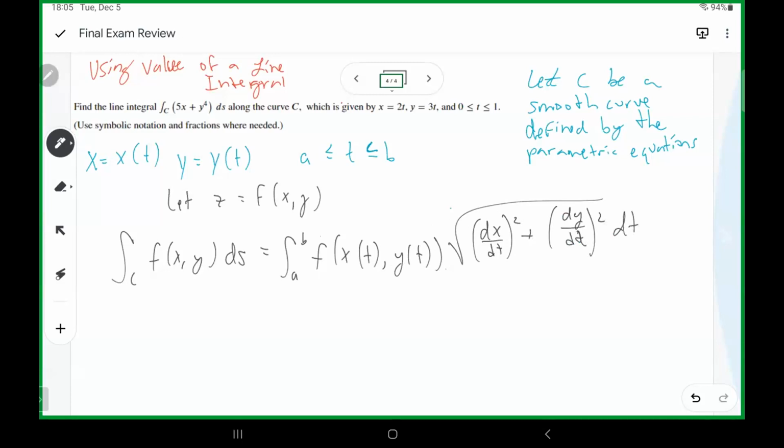Okay, so these derivatives would be dx/dt equals 2 and dy/dt equals 3.